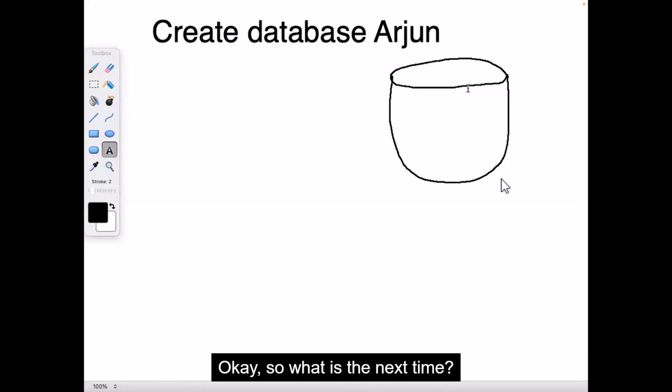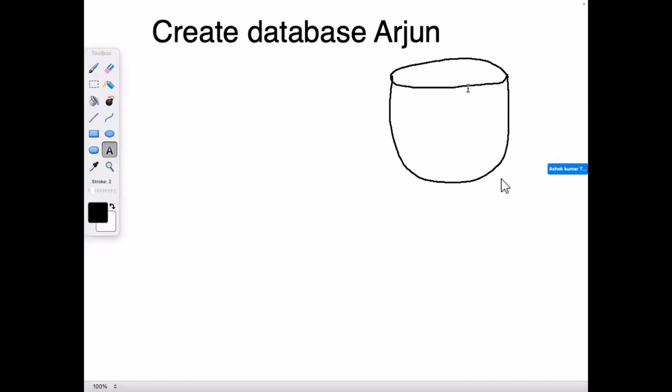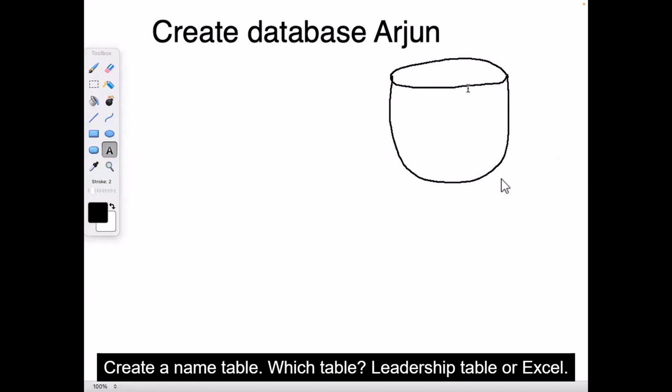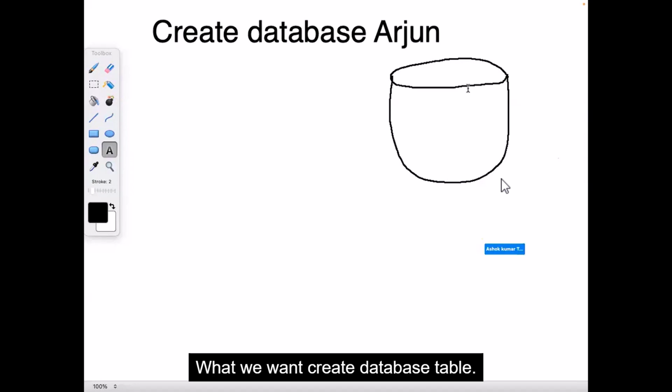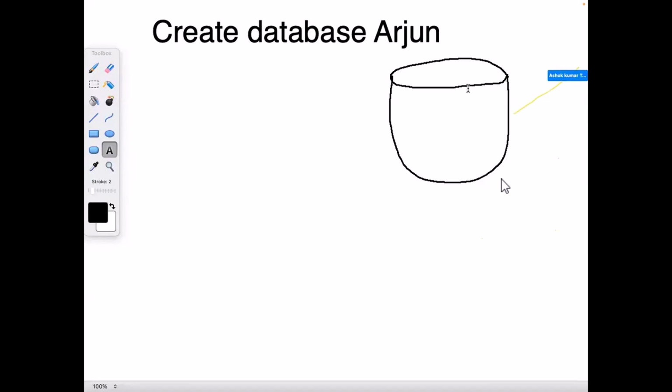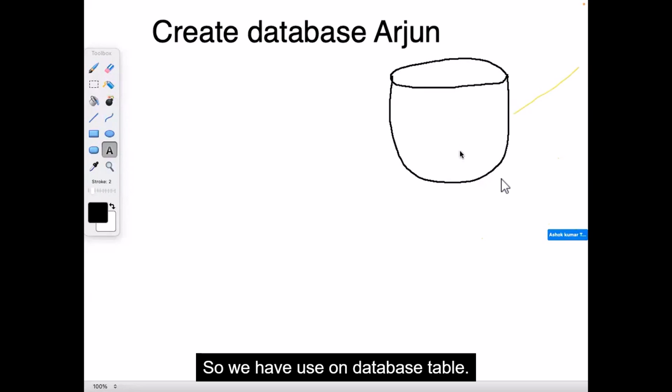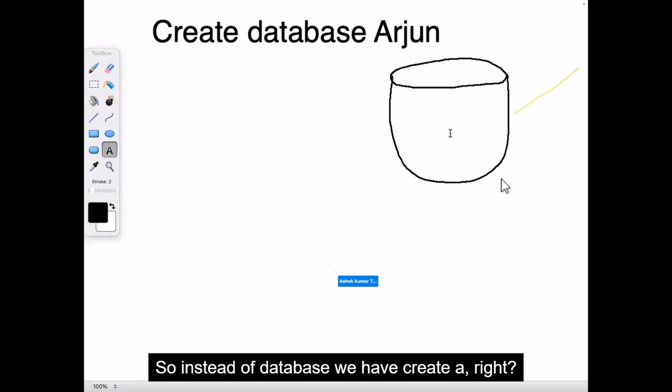Okay, so what is the next step? Create a table. Which table? Google Sheet table or Excel sheet table? What we call database tables. So you are using a database table, inside of the database we create it, right? First we can create columns or rows.